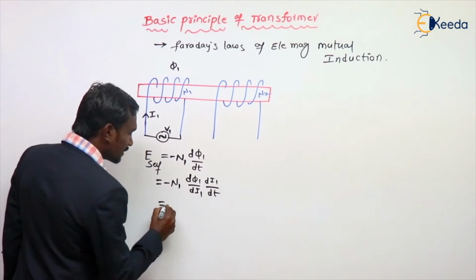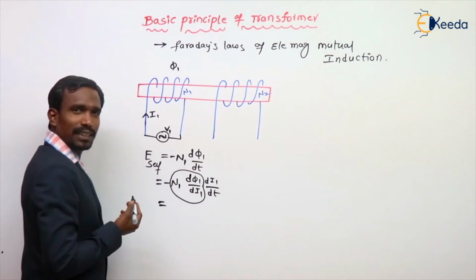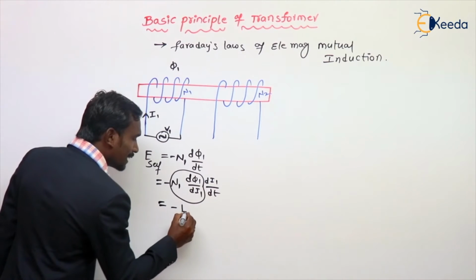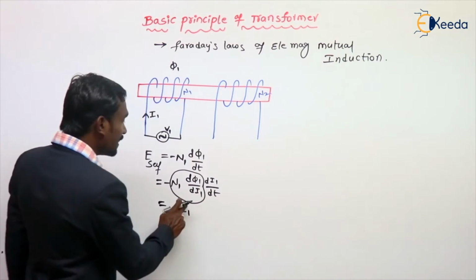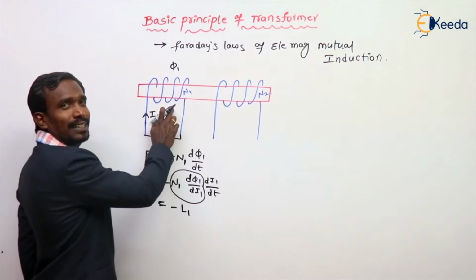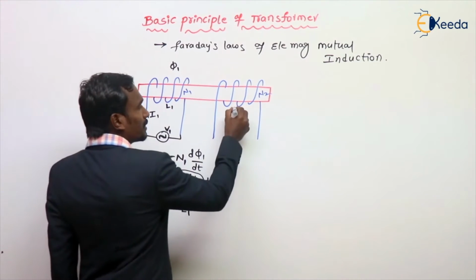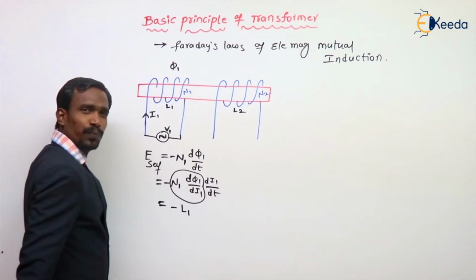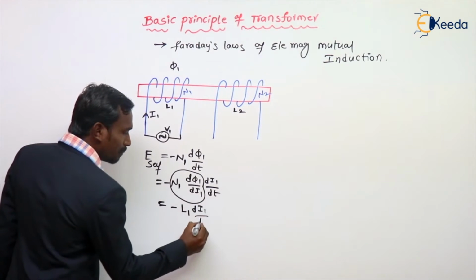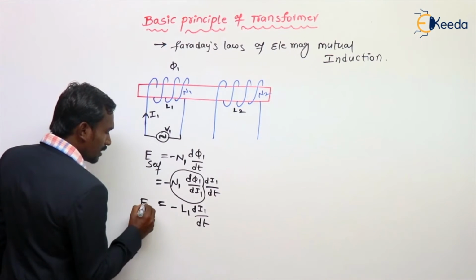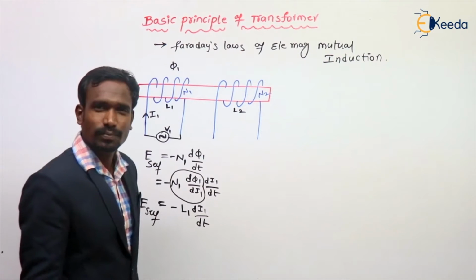Now, N phi by I can be written as the inductance L: the inductance of the first coil L1, the inductance of the second coil L2. So this is L1 into di1 by dt. This is the self-induced EMF of my winding.